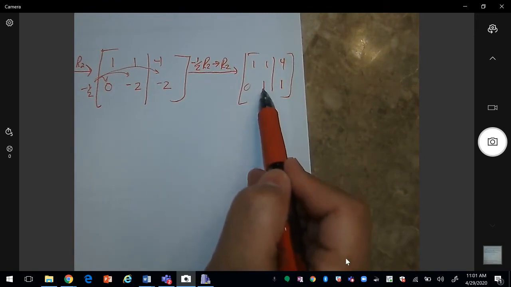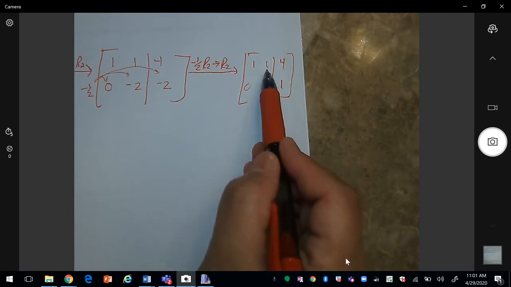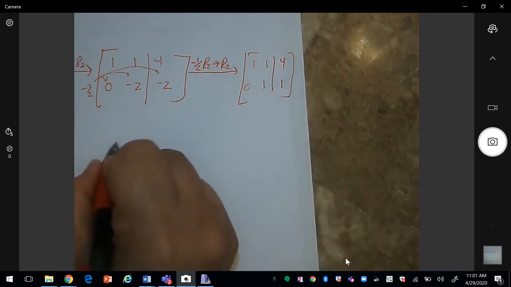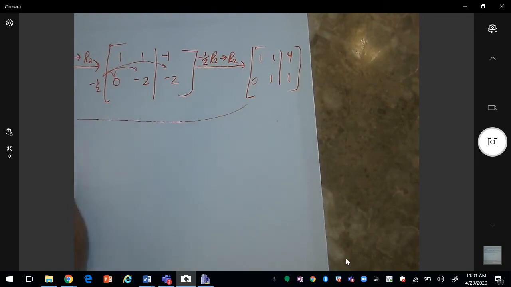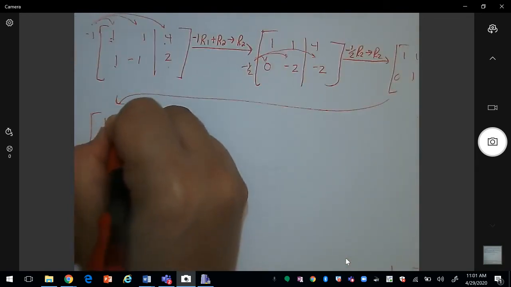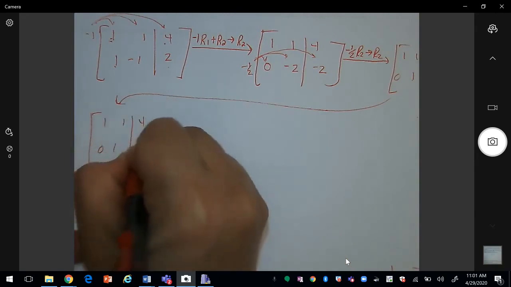So now we're going to use this 1 to make everything above it and below it 0. In this case, we only have stuff above it, so I need to make this a 0. So I'm going to go ahead and just come down here so we can have more space. So my matrix was 1, 1, 4, 0, 1, 1.